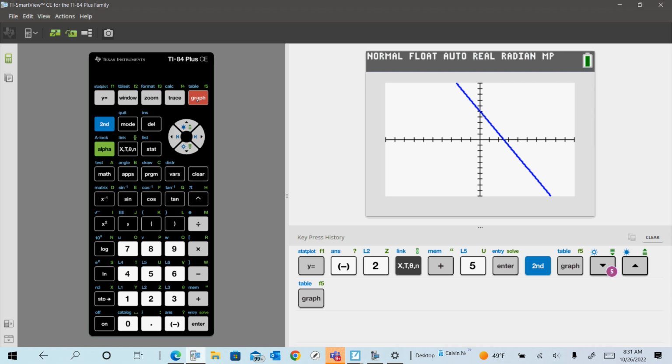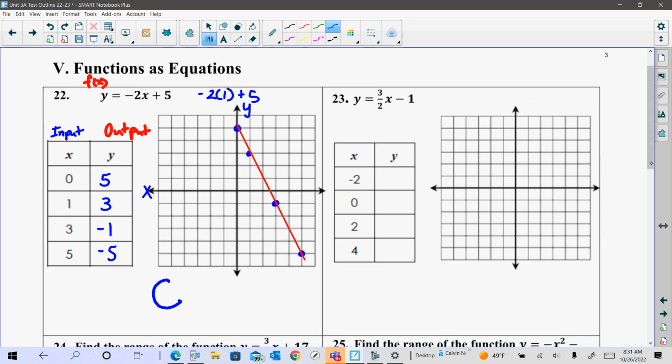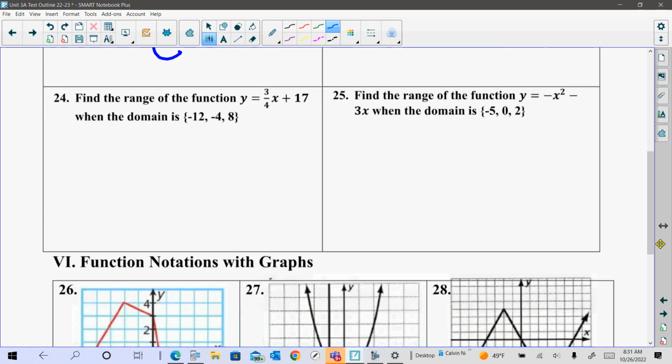Okay? All right. So when you get to 24, they want you to find the range of the function y equals 3 fourths x plus 17 when the domain is -12, -4, and 8. What does your domain represent?